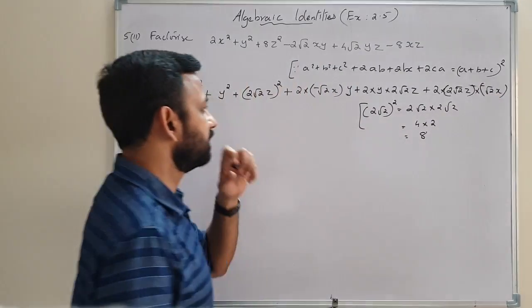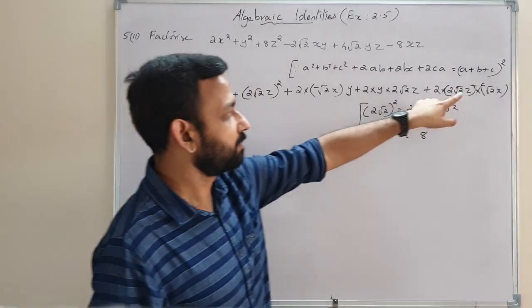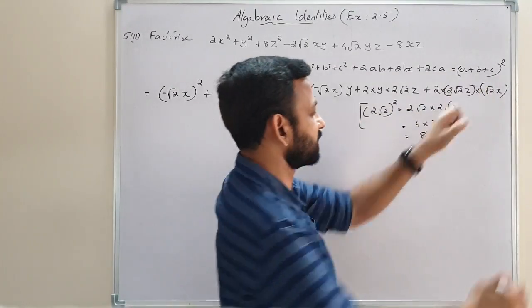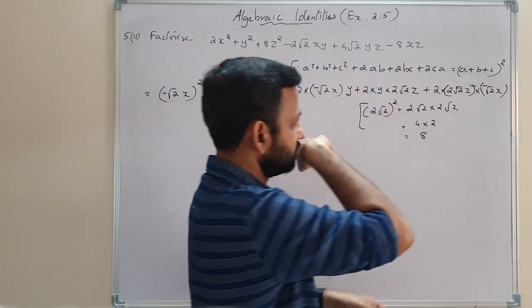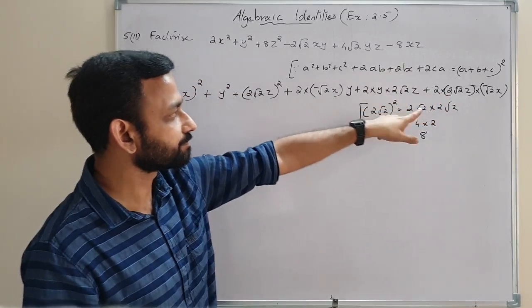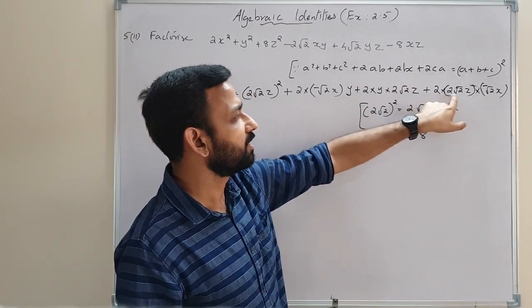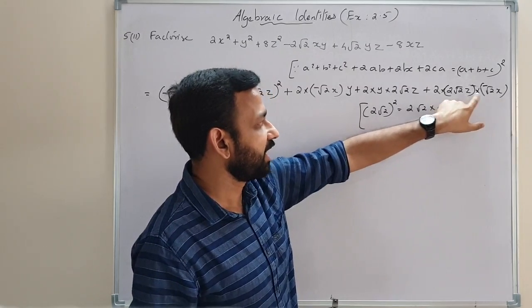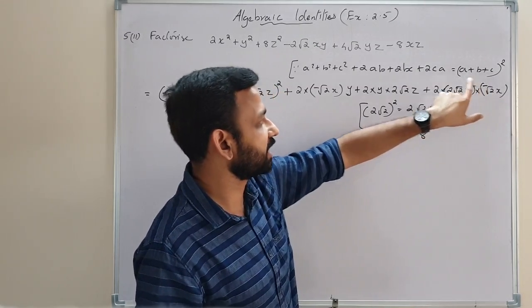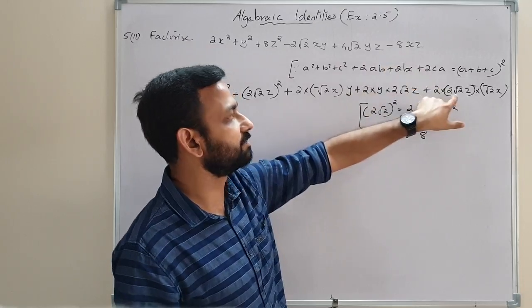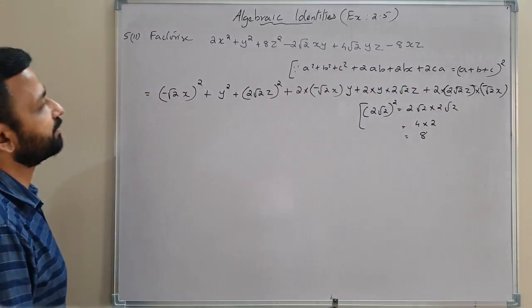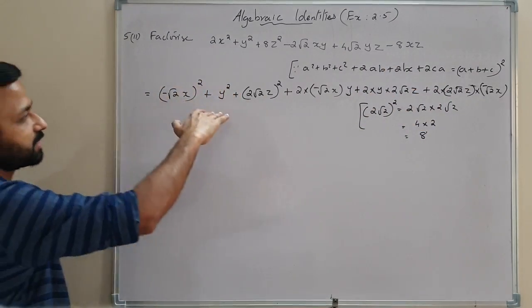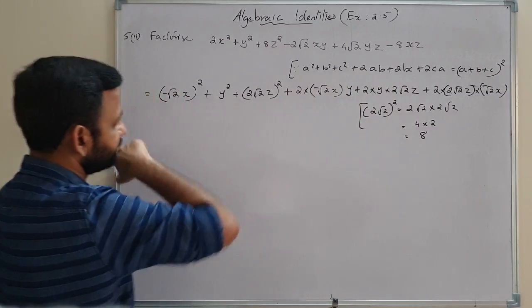Now we can verify: the negative sign is there, so the term will be negative. 2 into 2 is 4, 4 into root 2 into root 2, that is 2, 4 into 2 is 8. Minus 8xz, same. So now we have reduced the given expression into identity form.